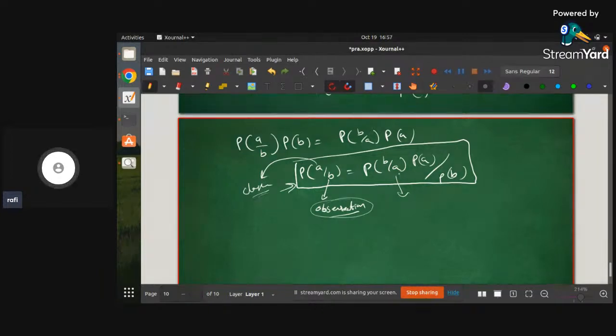Assume that you already have the person's model, the person's distribution.